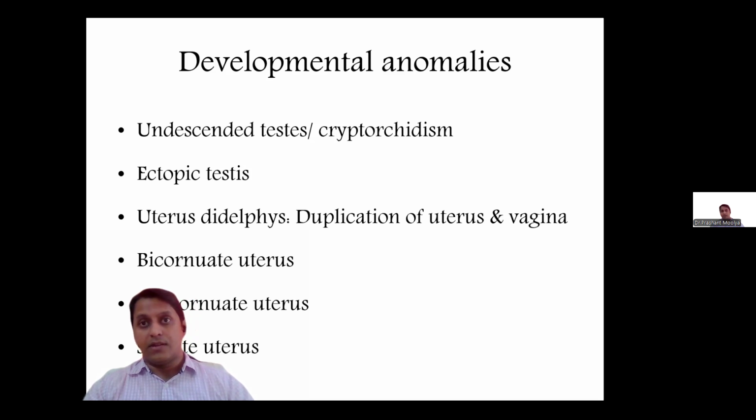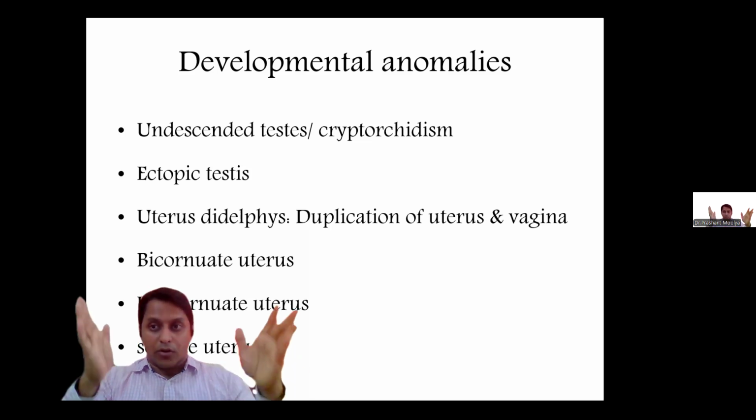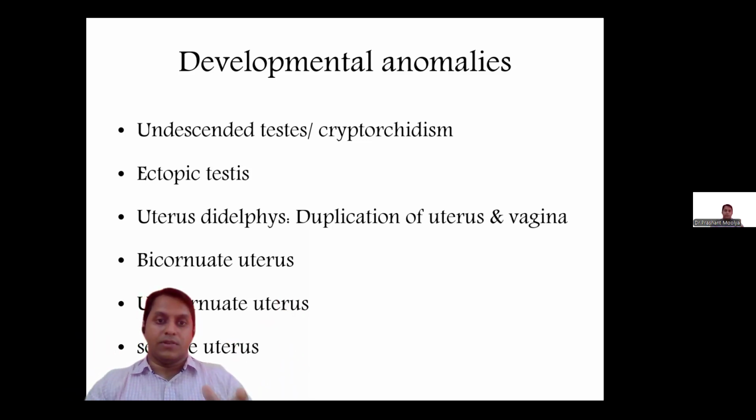It means that it has stopped somewhere along the tract of descent. It could be in the abdomen, groin canal, or in the upper part of the scrotal region. So what is ectopic testis? Even here the testis fails to descend into the scrotum, but the position of the testis could be somewhere away from the normal descent path of the testis.